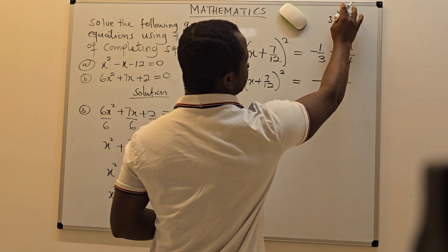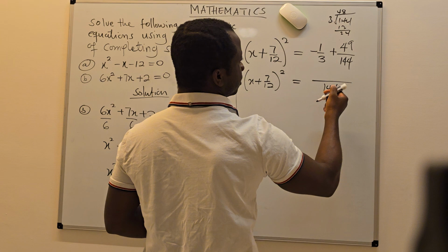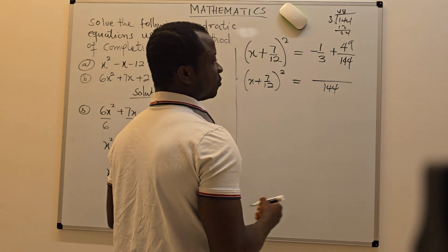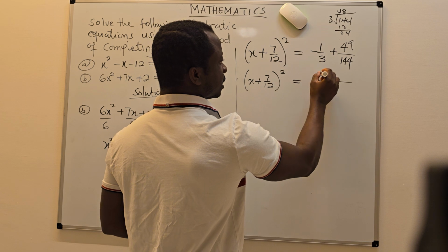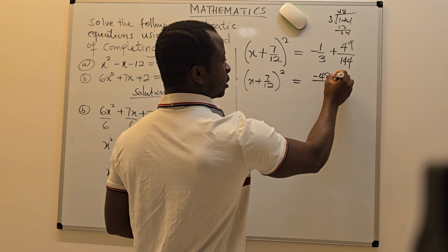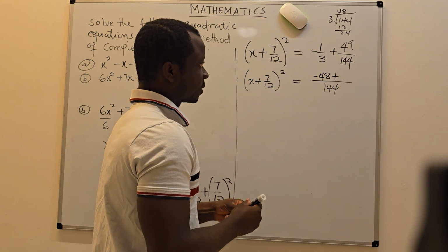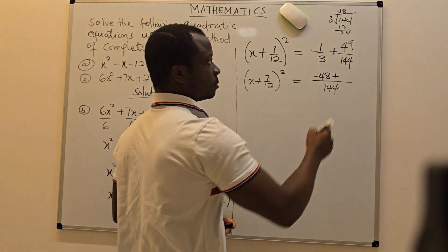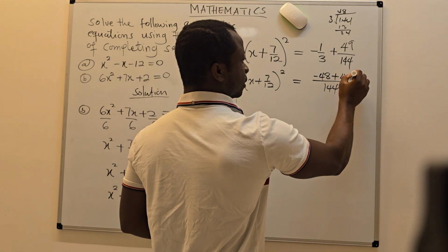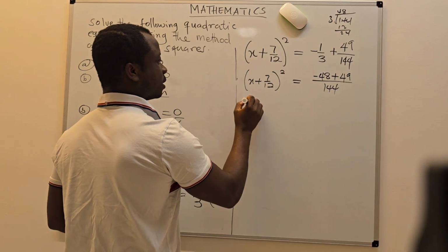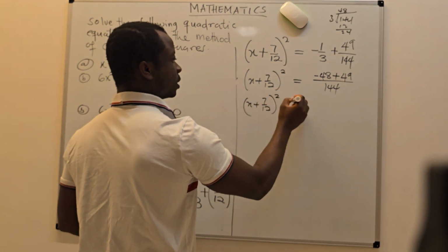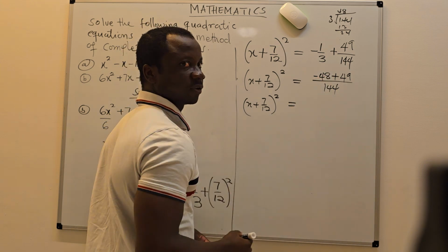So here is 8. So 48. So 3 goes into 144, 48 times. So 48 times negative 1 will give you negative 48 plus 144 will go into 144 one time, and 49 will give you 49. So we are going to have x plus 7 over 12 all squared equal to negative 48 plus 49 will give 1 over 144.